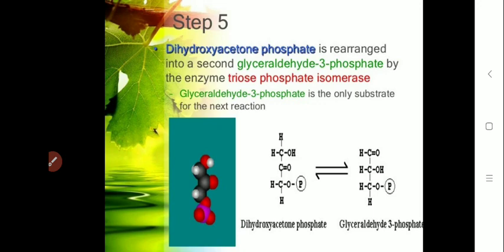And in step 5 dihydroxyacetone phosphate is rearranged into a second glyceraldehyde 3 phosphate. Here the rearrangement is carried out, which means step 5 is also an isomerization step.